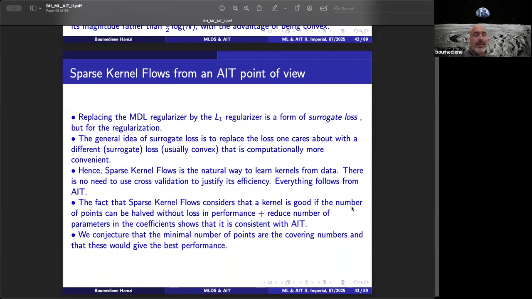The fact that sparse kernel flows considers a kernel good if the number of points can be halved without loss in performance, plus reducing the number of parameters in the coefficients of the sum of the kernels, shows that it is consistent with AIT. We conjecture that the minimal number of points are the covering numbers, and that this would give the best performance.